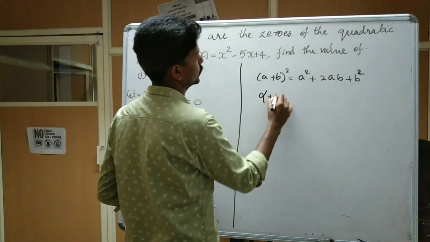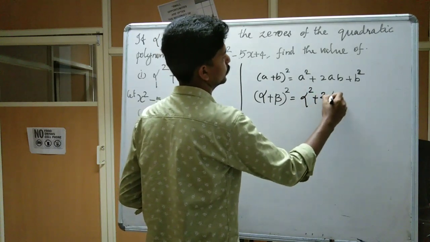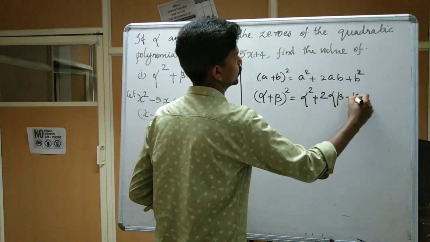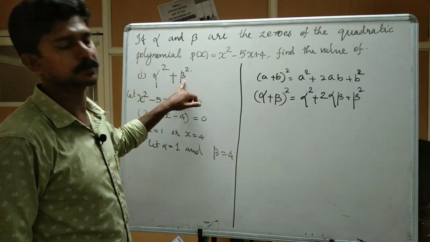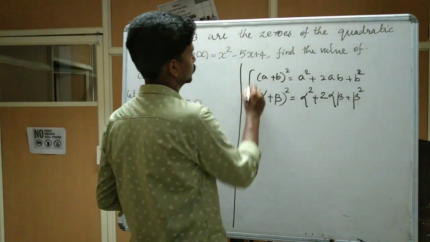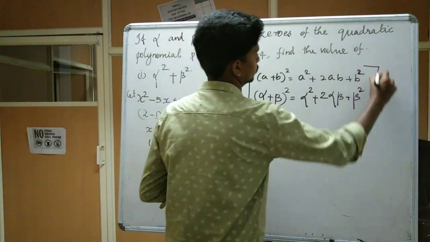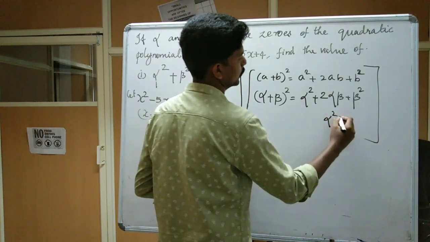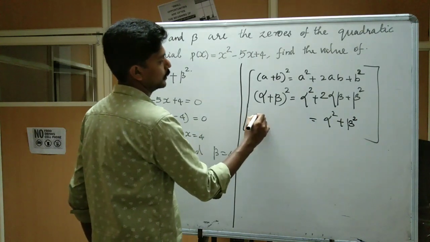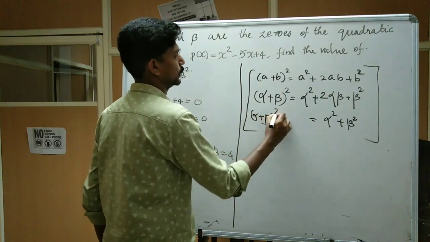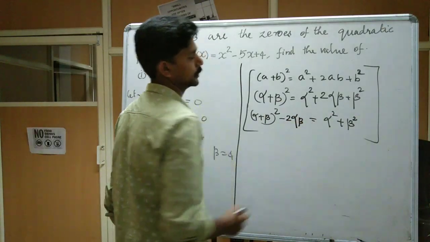So alpha plus beta whole square is equal to alpha square plus 2 into alpha beta plus beta square. We need only alpha square plus beta square, so we can write alpha plus beta the whole square, and bring this term to this side, so negative 2 alpha beta.